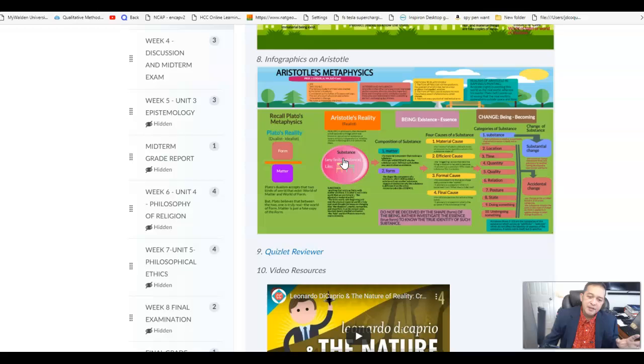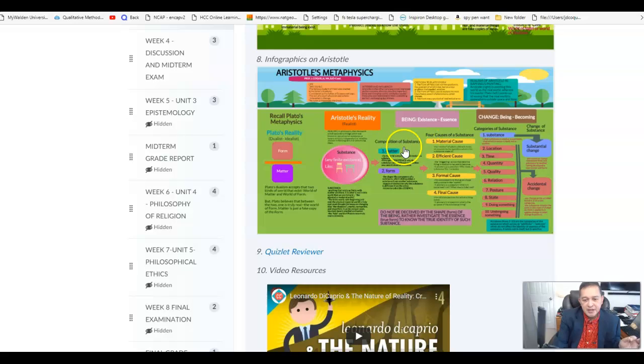Now, substance cannot be applied to ideas that have no material existence, because substance has two compositions. Now look at the arrows here. From the word substance, how would you understand it?